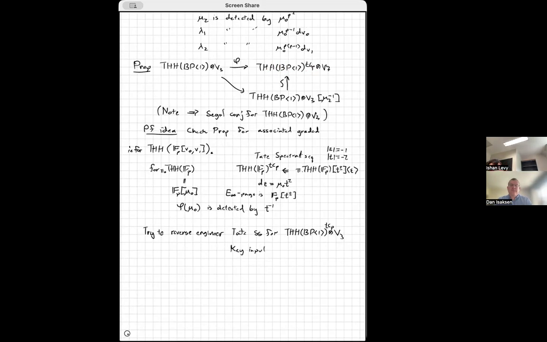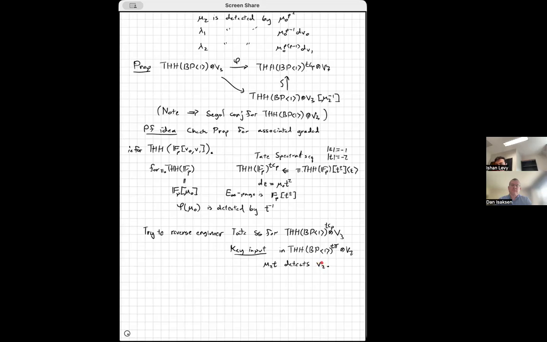So what you need to know is that in THH of BP1, TCP tensor V2, maybe I'll say, if you take the Tate construction with respect to the circle and you tensor with V2, then you need to know that the element mu2 times T detects V2.